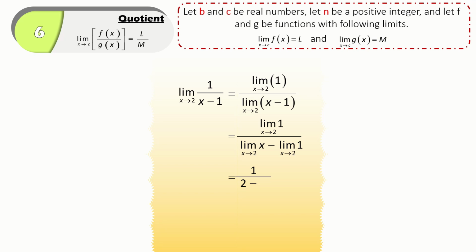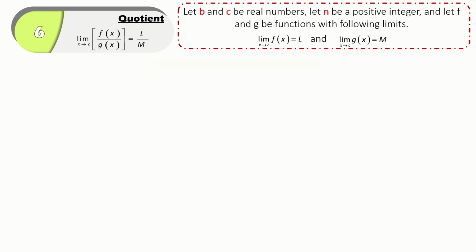It results to 1. Simplify the denominator by getting the difference of 2 and 1, which is 1. Then, get the quotient. Thus, the limit of the quotient of 1 and the difference of x and 1 is 1. To make it clearer, let's do another example.